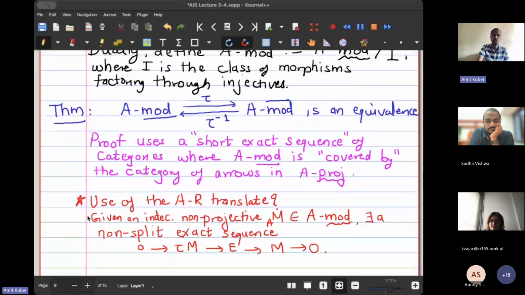So what is the use of doing all these things? The use of the Auslander-Reiten translate is to obtain, given any indecomposable non-projective M, a non-split exact sequence of this particular form, which ends at M and begins at tau M. That tau M exists because M is non-projective, and then E is some extension.